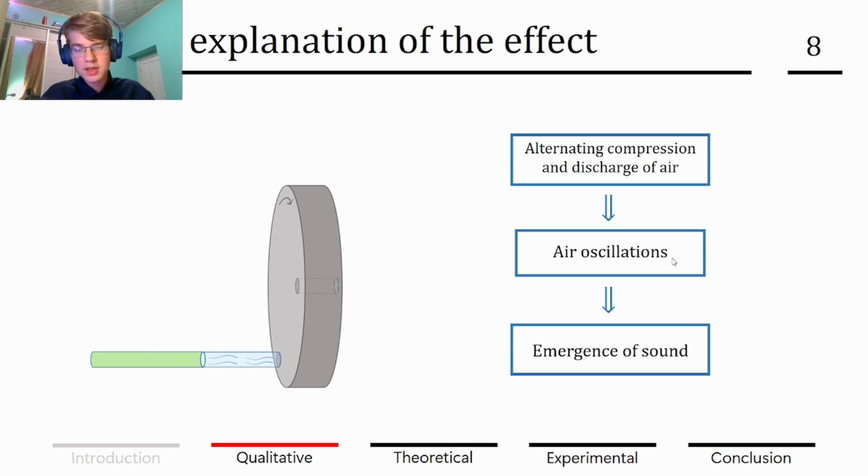The number of holes in the disk and its rotational speed determine the sound frequency. In the meantime, the greater the pressure difference, the greater the amplitude, and as a result, the volume of the sound will be greater.